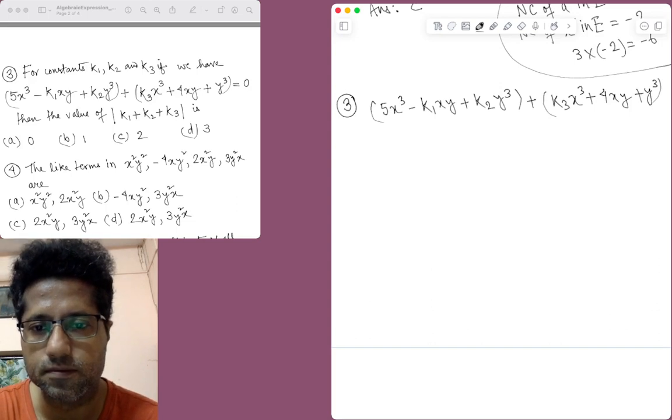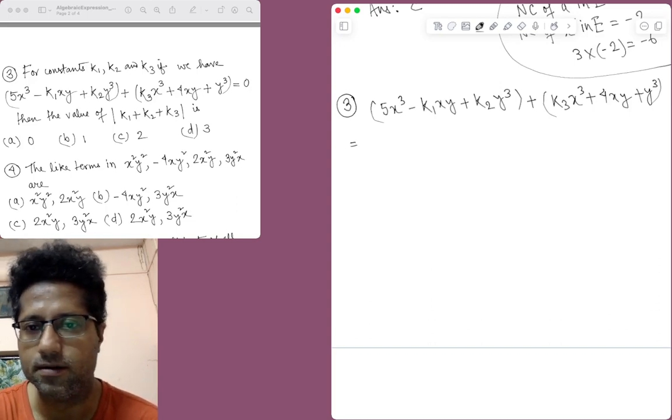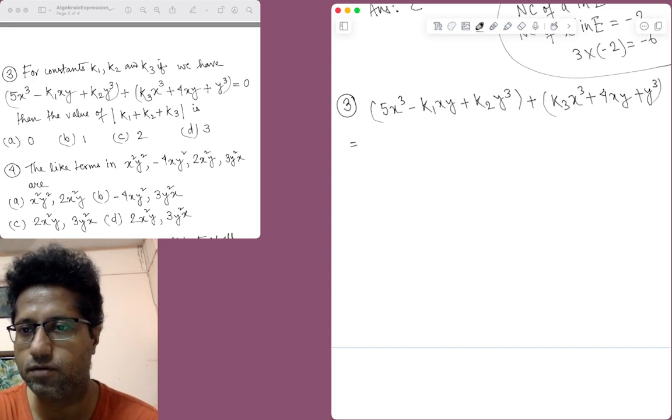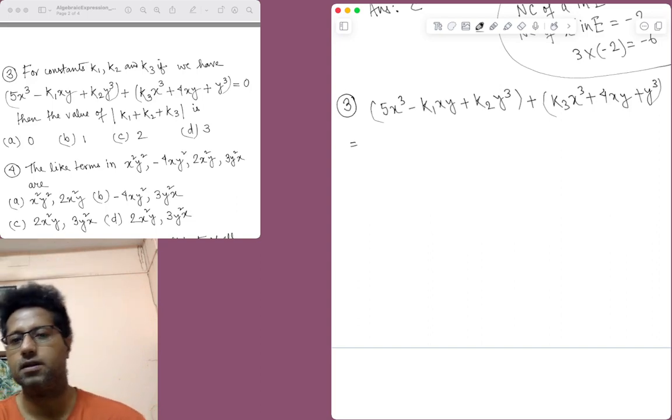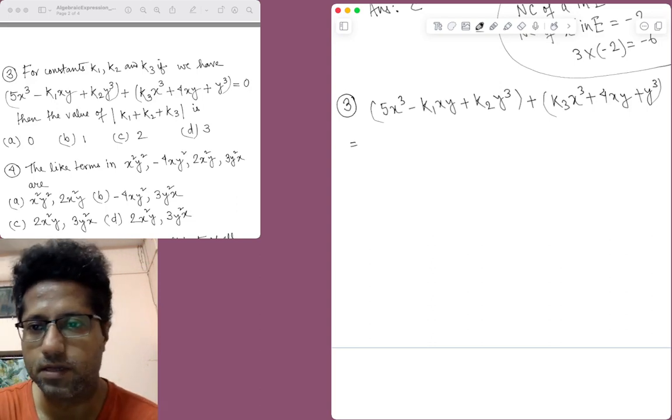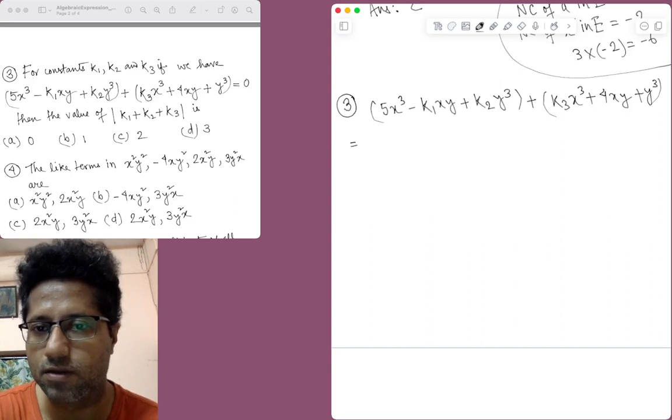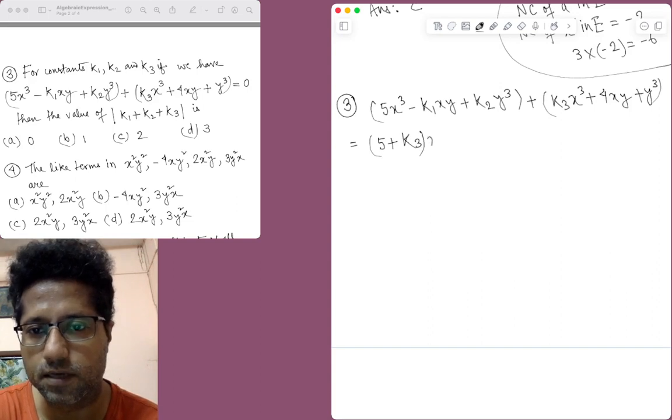Now we can see there are like terms with the literal coefficient x cube, and also like terms with the literal coefficient xy, and other like terms with the literal coefficient y cube. So if I combine the like terms with the literal coefficient x cube, I will just add the coefficients, I will get 5 plus k3 with the literal coefficient x cube.